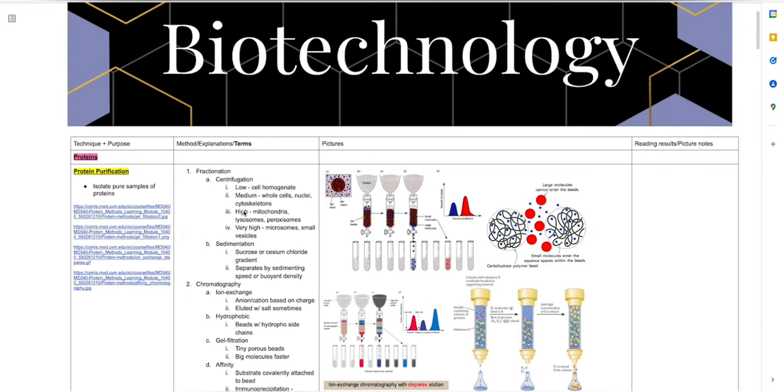And what this does is create an artificial gravitational field within the tubes that is much greater than on Earth. And this makes it so what would usually settle out eventually sinks to the bottom a lot faster. And the more and the faster you spin your cells, the smaller the pieces are going to be. So you can separate different components of the cells at different levels.